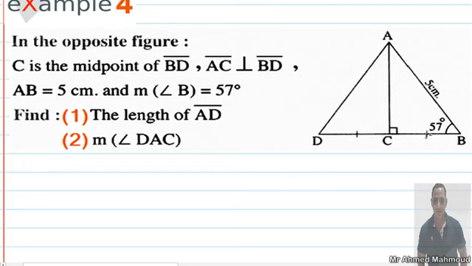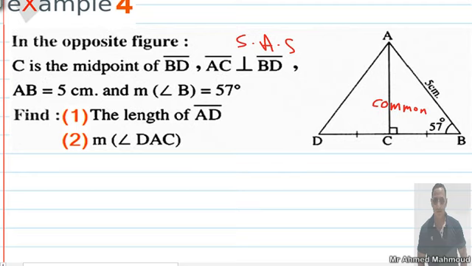Why? Because we have side equal to side and a common side in between, and the right angle equal to right angle. It's SAS, side angle side.